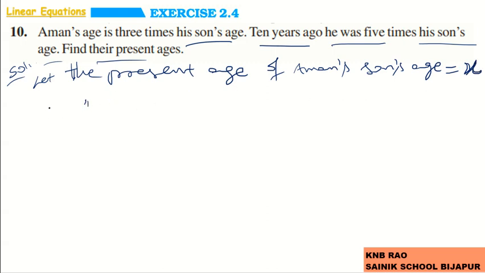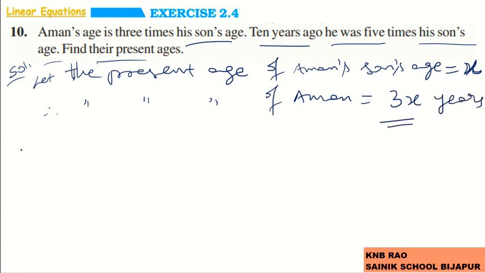That implies therefore the present age of Aman becomes 3x years. Now 10 years ago, what do you mean by 10 years ago? Before 10 years.